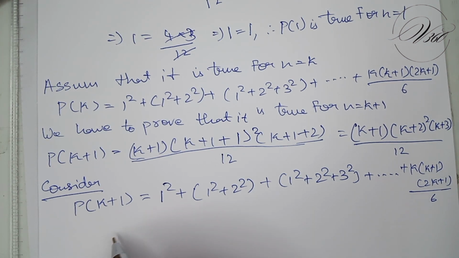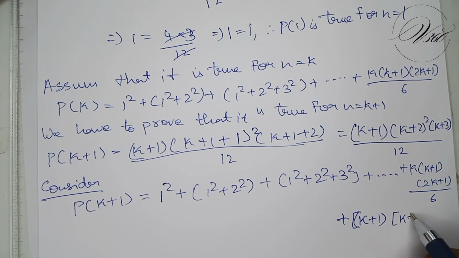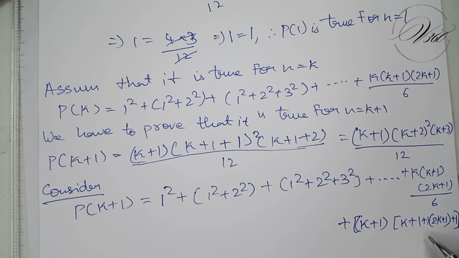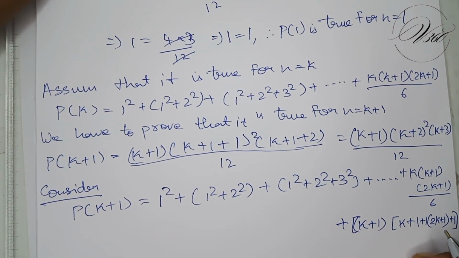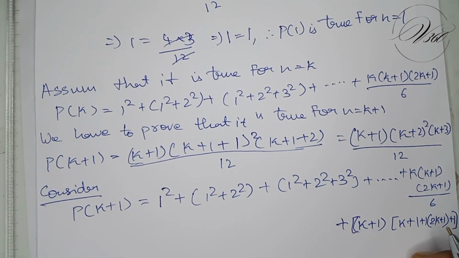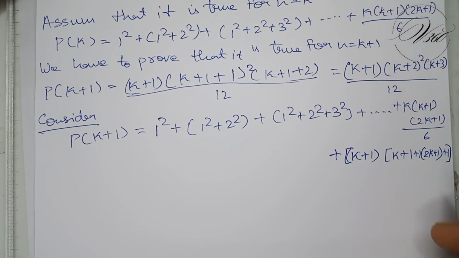Okay, now wait a second, here we will also get plus k plus 1 of k plus 1 plus 1 of 2 of k plus 1 plus 1. Here I think you may all see this. It is a little congested, but I have told you, so note it down as I tell you.